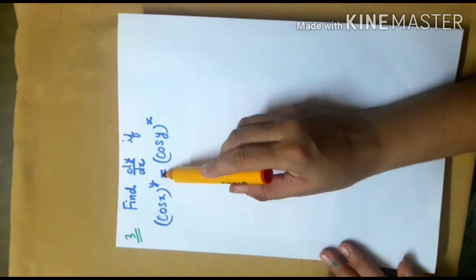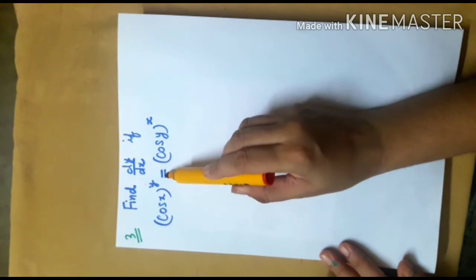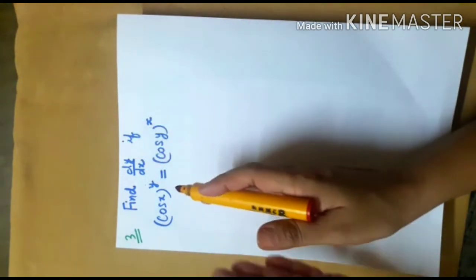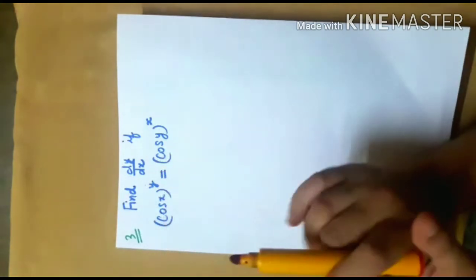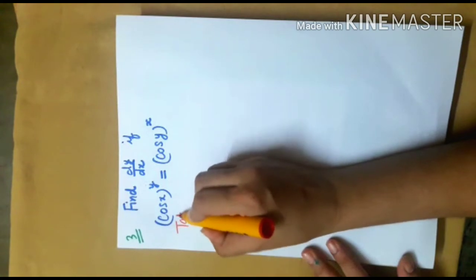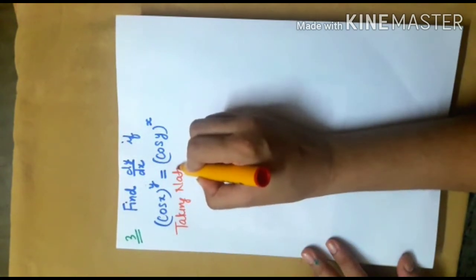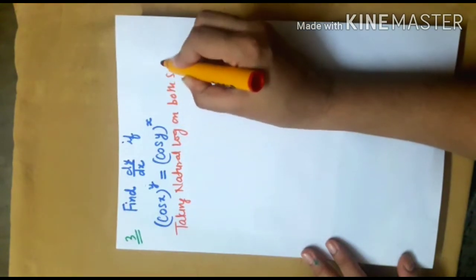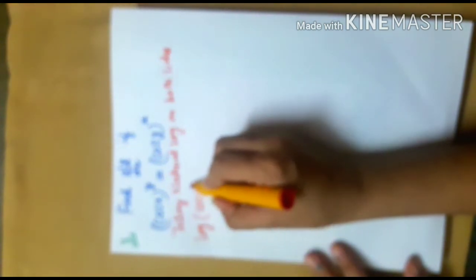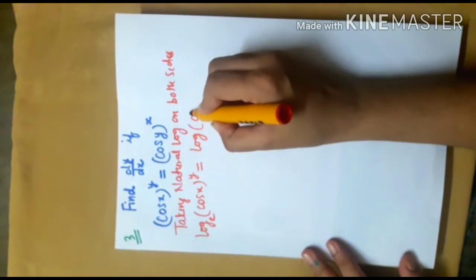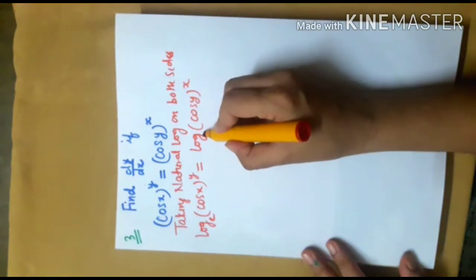If this would have been a plus sign or minus sign, then I would have differentiated the two functions separately. But now as there is a sign of equality, I'll write, taking natural log on both sides. So it's log cos x raised to the power y is equal to log cos y raised to the power x.